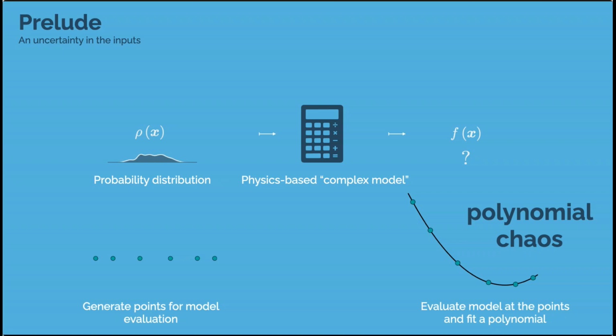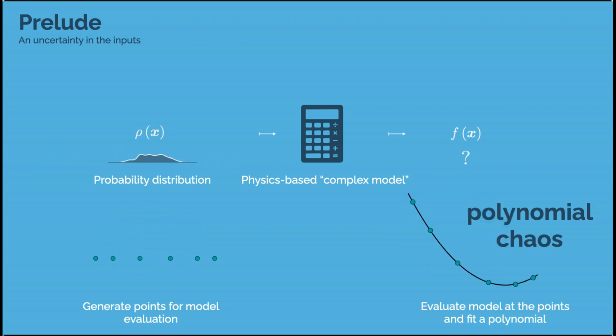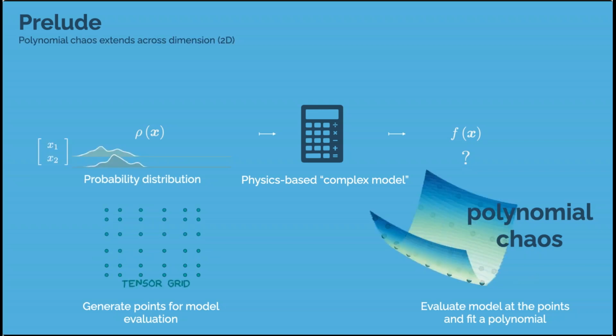So there's a very strong relationship between the distribution of the points that you would pick and rho of x. You can do this in multiple dimensions, and the simplest way is to take your grid in one dimension and tensorize it, and you basically get a tensor grid. You can do this in 2 dimensions, and obviously it extends to as many dimensions as you want.